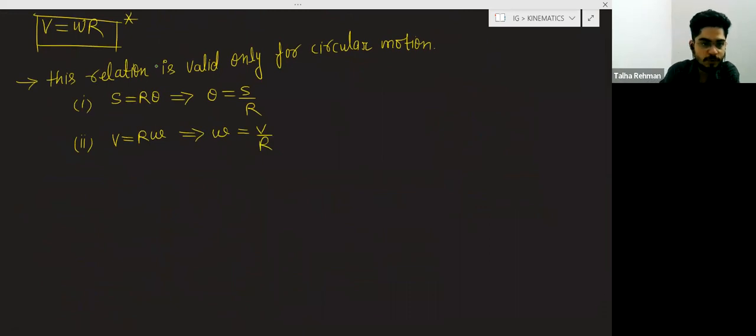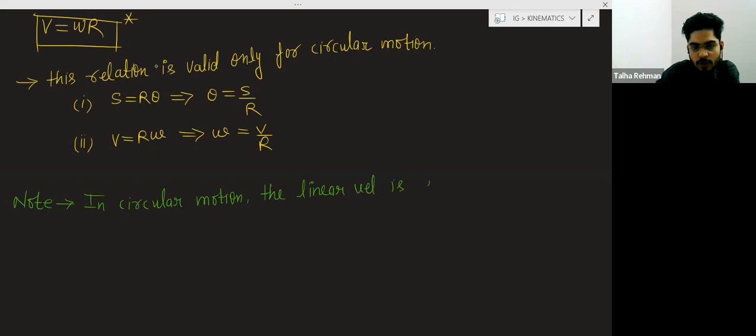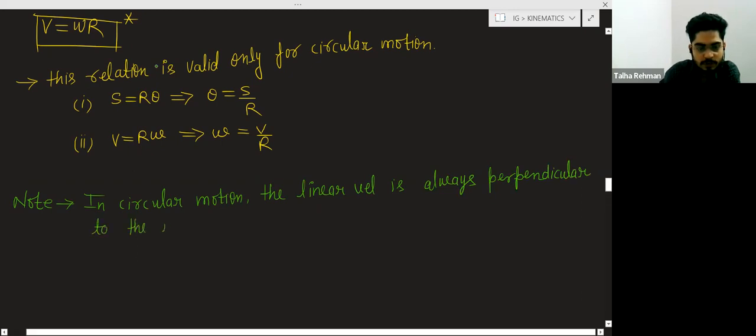Okay, so there is one more point. In circular motion, the linear velocity is always perpendicular to the radius of the circle.